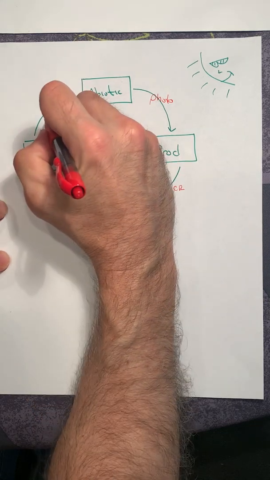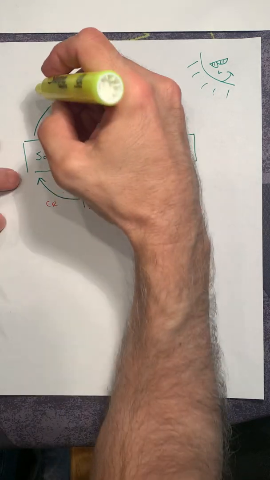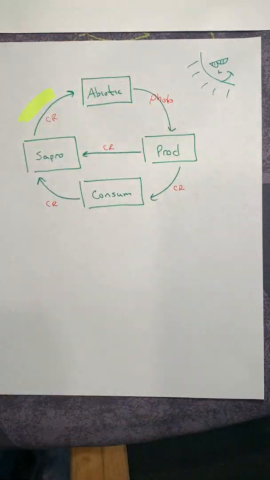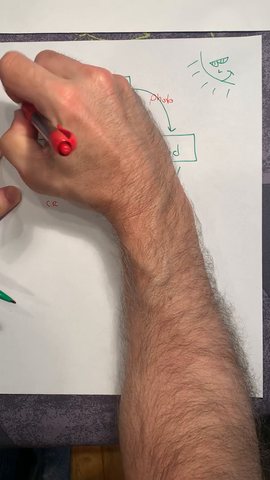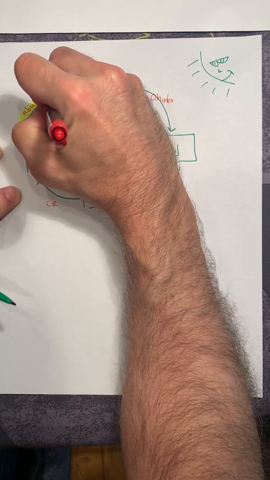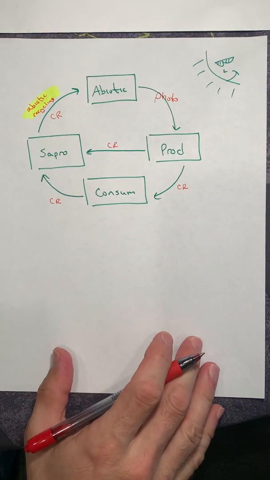Then ultimately, cellular respiration happens there by the saprotrophs, and as the carbon dioxide and water are recycled, that's why we refer to this as abiotic factor recycling, or some people call it nutrient recycling.